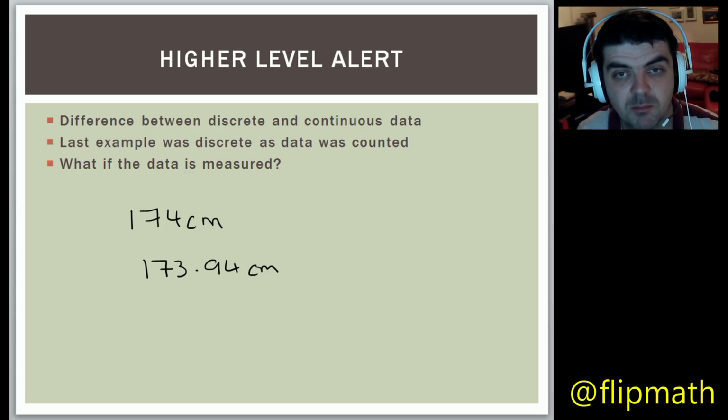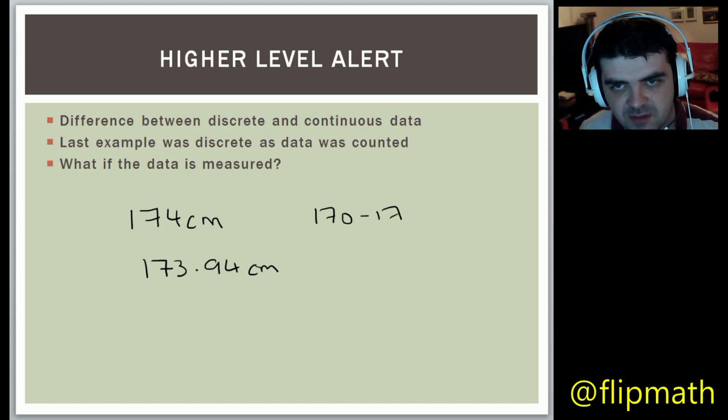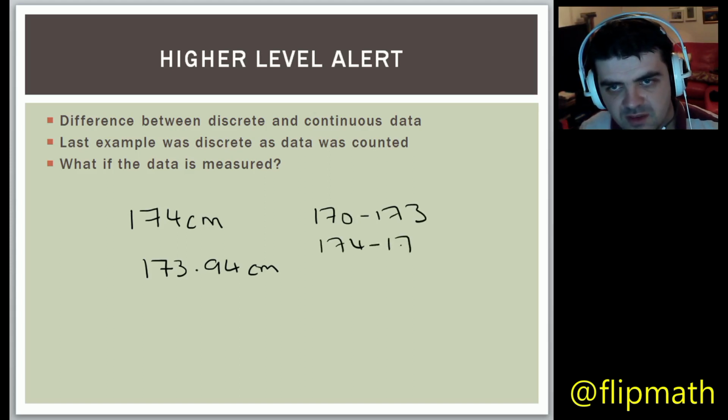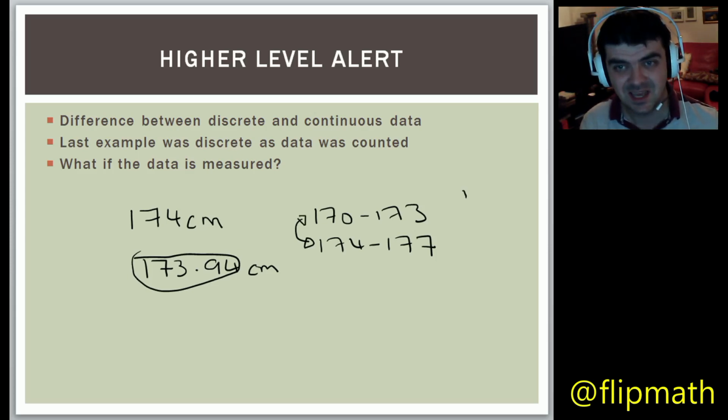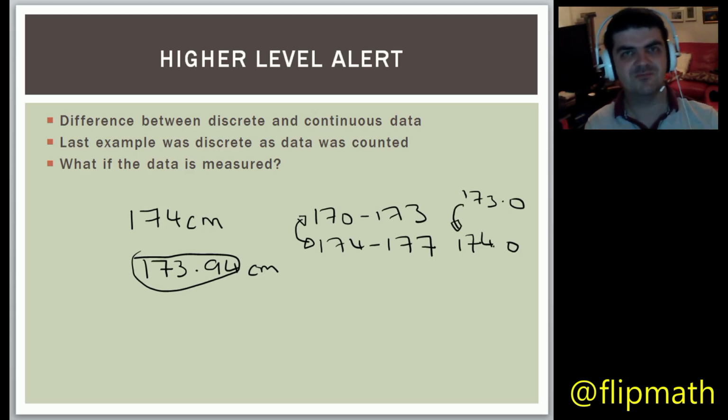This would cause a problem, because if I'm doing my ranges between, say, 170 to 173, and then 174 to 177, if I'm 173.94, which of those two groups would I fall into? Well, the answer is neither, because that one ends at 173.0 and this one starts at 174.0. So there's a gap of 1 between the two.